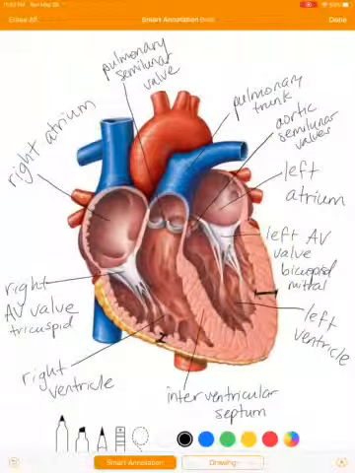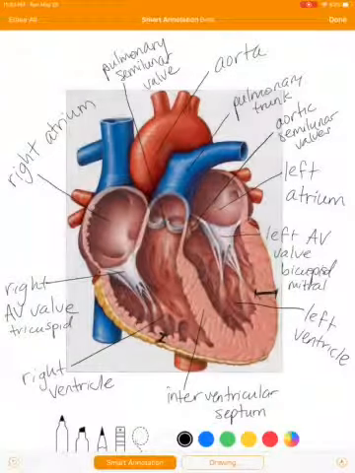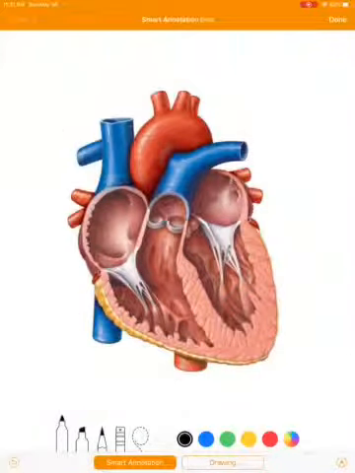The aortic semilunar valve separates the left ventricle from the major vessel carrying blood away from the heart on that side, and it's called the aorta. And that's actually the largest vessel found within the body. Okay. All right, so I'm going to clear all of this, and I'm going to get into the pathway of blood flow through the heart now.